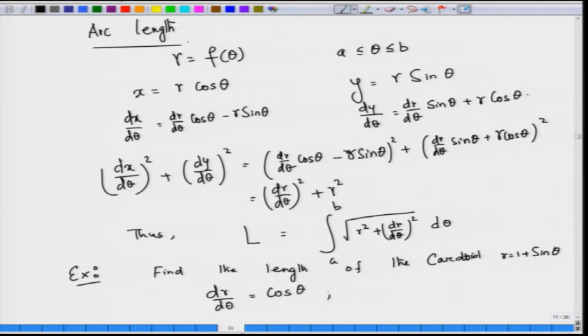So length will be equal to the integral from 0 to 2 pi of the square root of r square, which is 1 plus sin theta whole square, plus cos square theta, d theta.